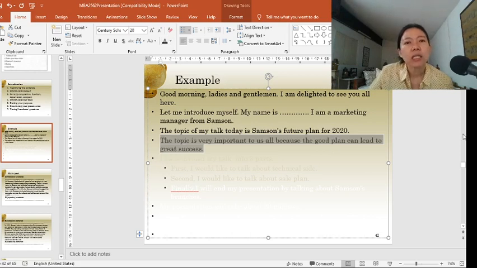For me, the topic is very important to us all because a good plan can lead to great success. And then after you give a reason, you're going to structure your presentation. You're going to tell the audience how many parts there are that you're going to cover in your presentation, starting from the first one.